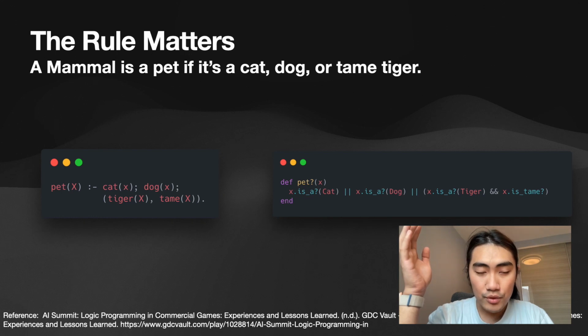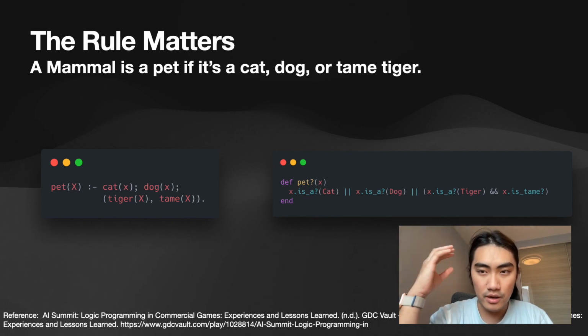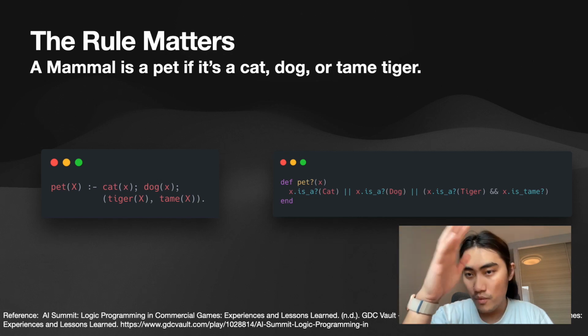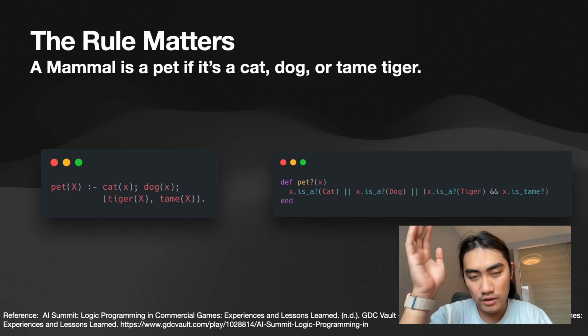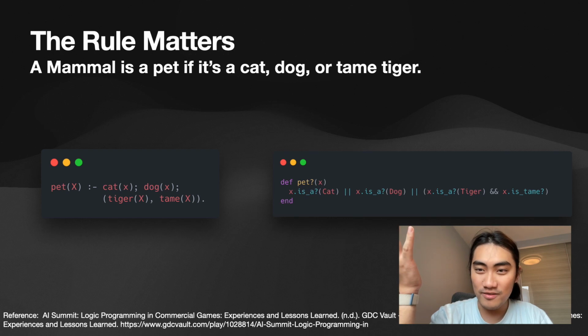But if we use a language like Prolog, which is a logic programming language, we could describe this rule like the one on the left. So what's the difference? You might not find any differences here, but let's go deeper.